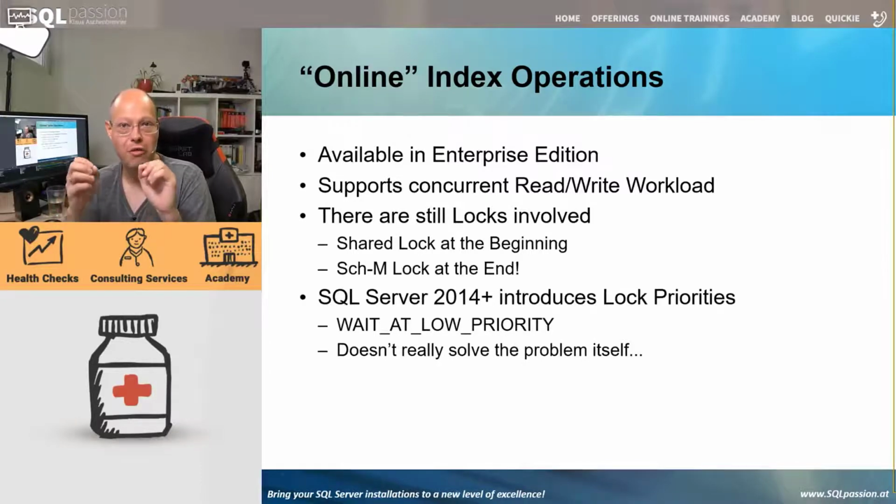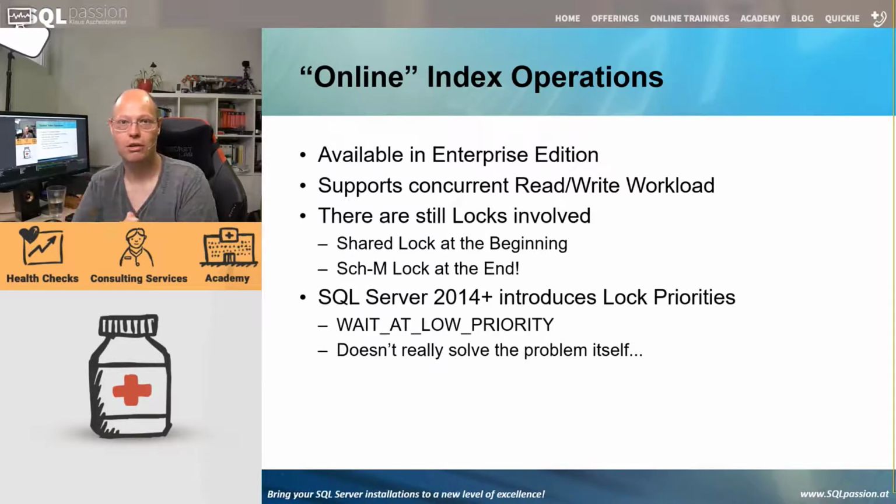And at the very end of your online index operation, SQL Server acquires a schema modification lock. We've already talked about the schema modification lock at the beginning when I talked about the NOLOCK query hint, and I told you that a schema modification lock is the most restrictive lock in SQL Server.